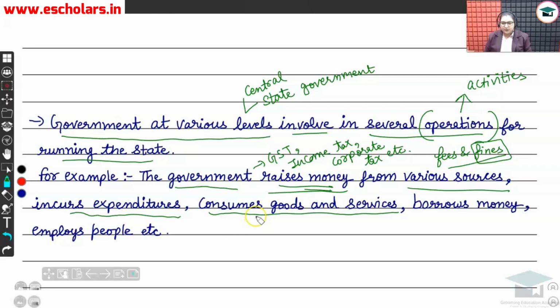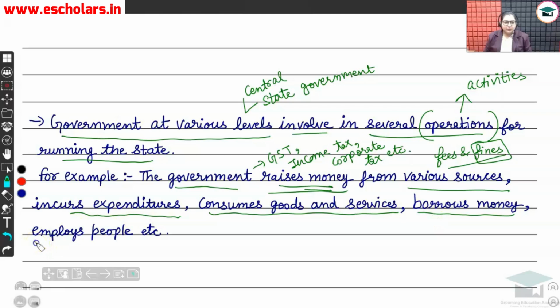So the government is consuming the services of the laborers in order to get the school constructed. And also the government consumes various raw materials which are required in the construction of school, like cement, bricks, etc. And also the government borrows some money. That is, the government takes the loan from the public, from the foreign government, from the World Bank, etc.